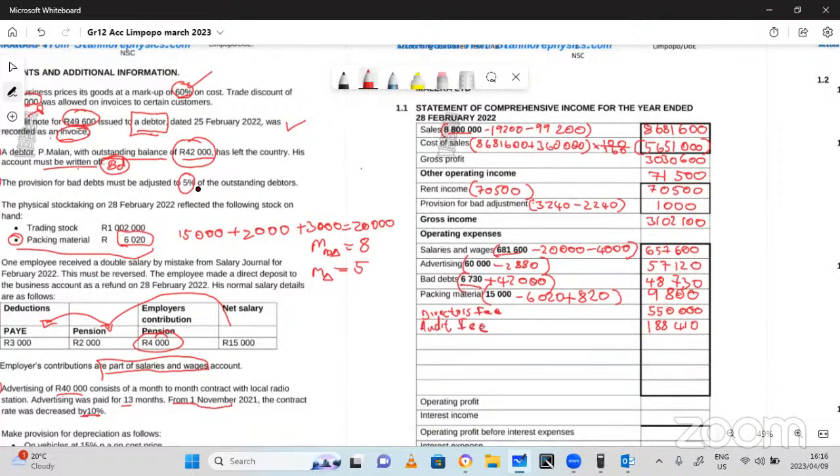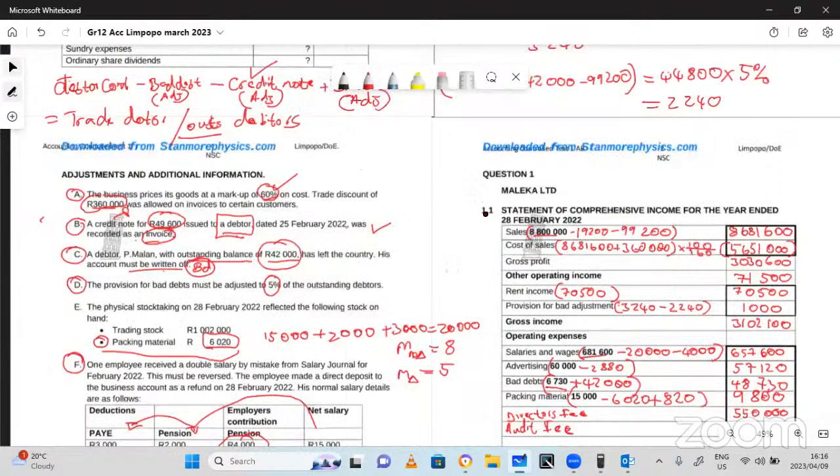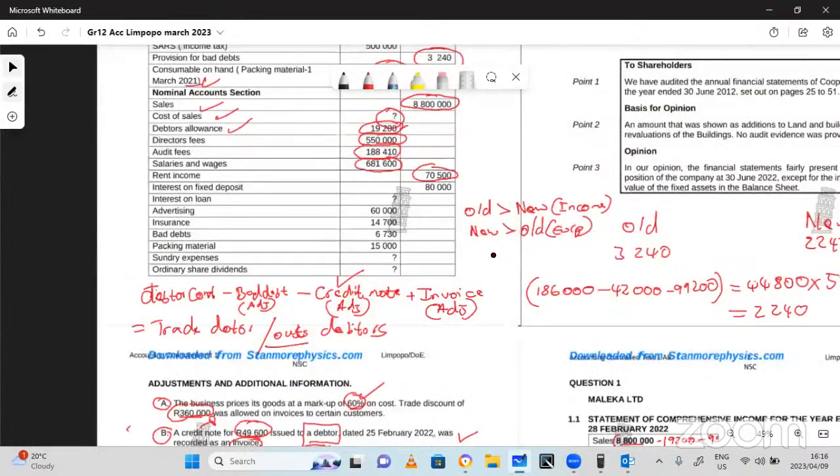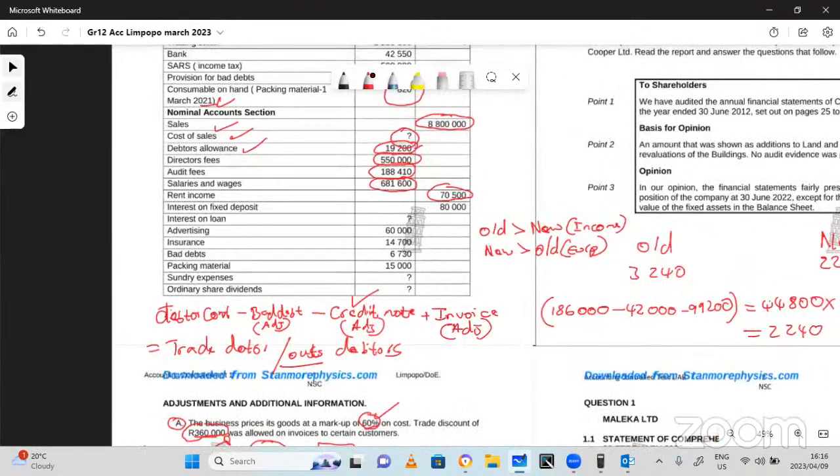Okay, then now we check for the next expense. We have ticked all the expenses that we have used: directors, audit fees, wages, rent income. The interest, remember, we will deal with after the operating income. Then the advertisement we've dealt with.